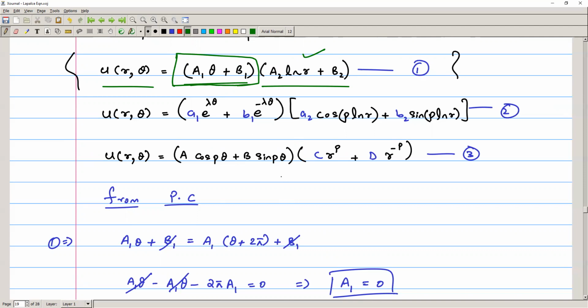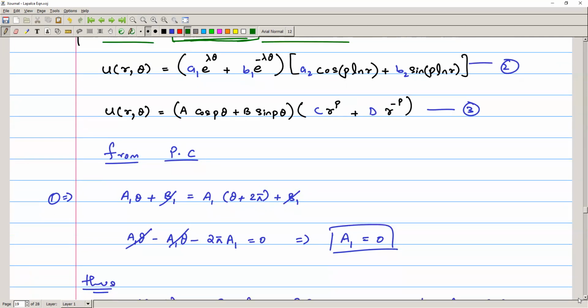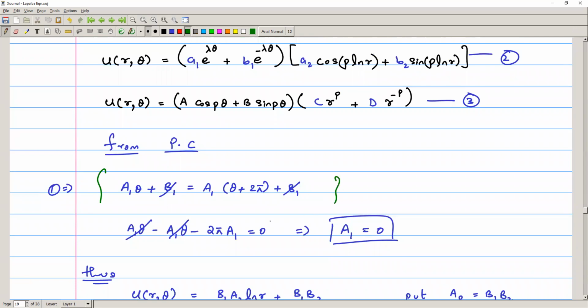We already know from the cases of the heat and wave equations that we only use the equation for which the conditions are given, right? So here u(r, theta) is equal to a1 theta plus b1, and the periodic condition is applied on this function. So a1 theta plus b1 is equal to a1 times (theta plus 2 pi) plus b1.